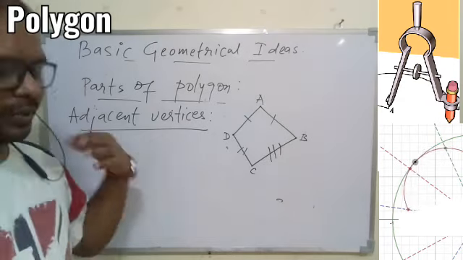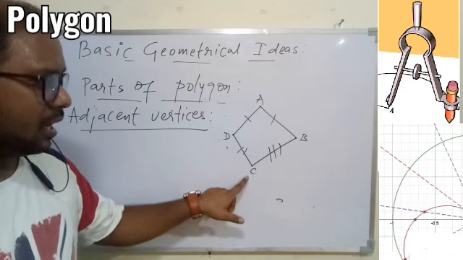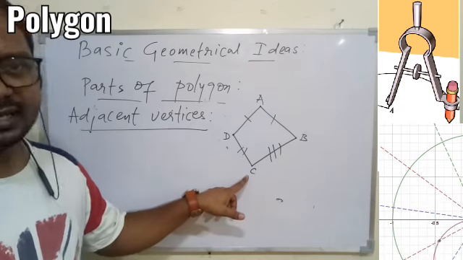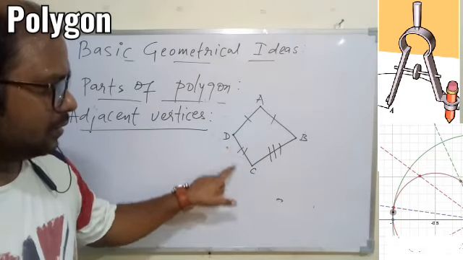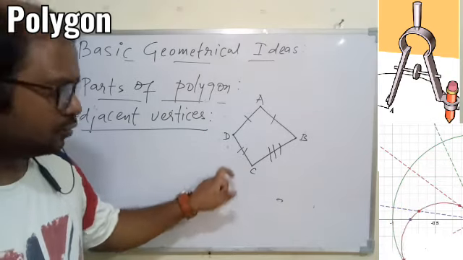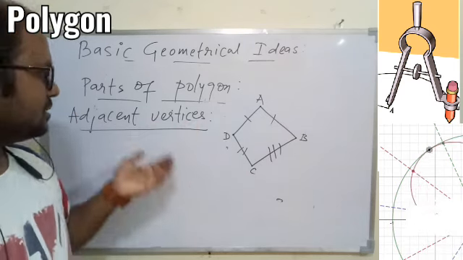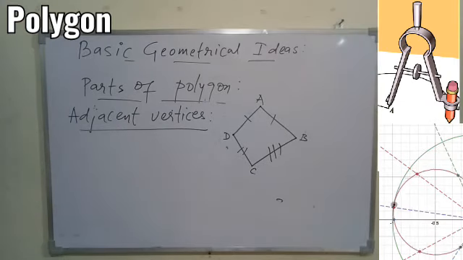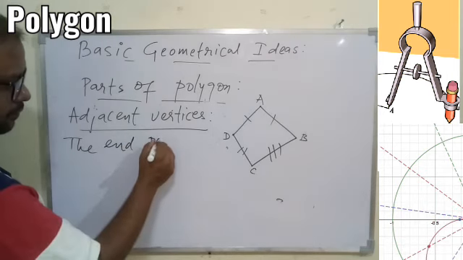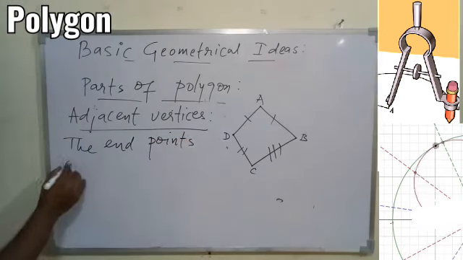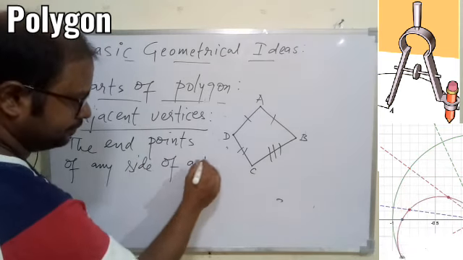So we can say, CD is nothing but a line segment, and C and D are the different end points of the line segment. CD is also a side. So the end points of a particular side of a polygon are nothing but adjacent vertices. So we can write down: the end points of any side of a polygon.